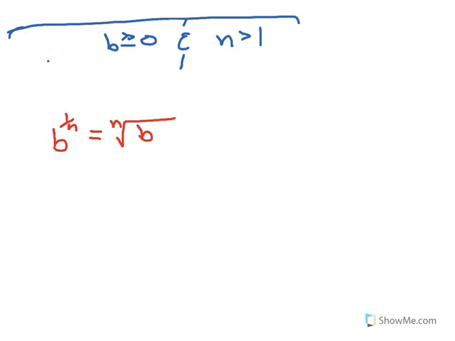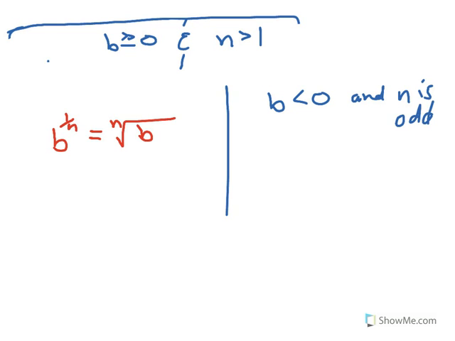And it could also be true in a different case if b is less than 0 and n is an odd number. Those are two different cases. It's true if b is at least 0 and n is bigger than 1. Also true if b is less than 0 and n is odd. Example, 5 to the 1/2 is the square root of 5.